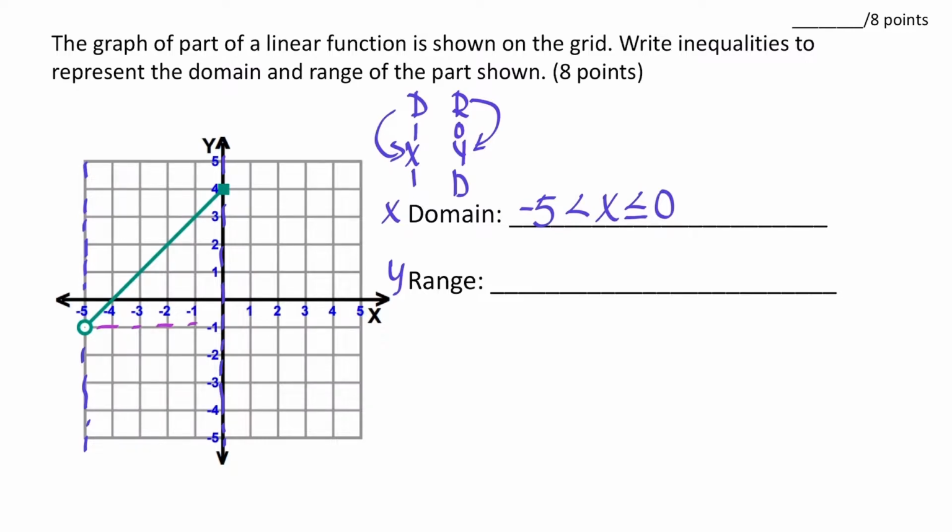This here shows me the lowest point of my graph, and this line will show me the highest point of my graph. The lowest value is -1. Since it's an open circle at -1, I'm going to use a less than sign. Since I'm talking about range, I'm going to write y. And then the highest value in the range is 4. Since there's a closed circle at 4, I'm going to use a less than or equal to sign.